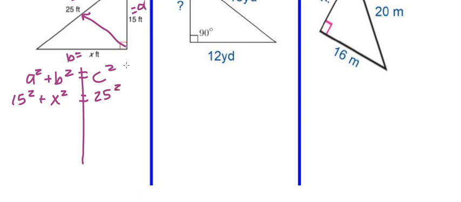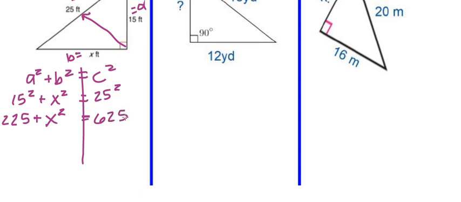So some of you are seeing that this is actually just going to turn into an equation like you learned last week. So 15 squared is 225. So this is 225 plus x squared is equal to 25 squared, which is 625.